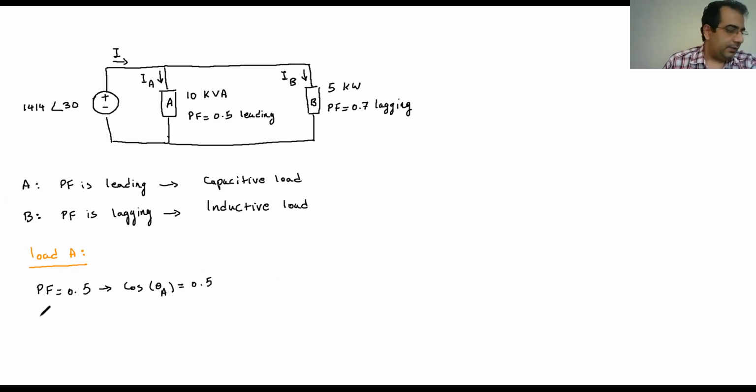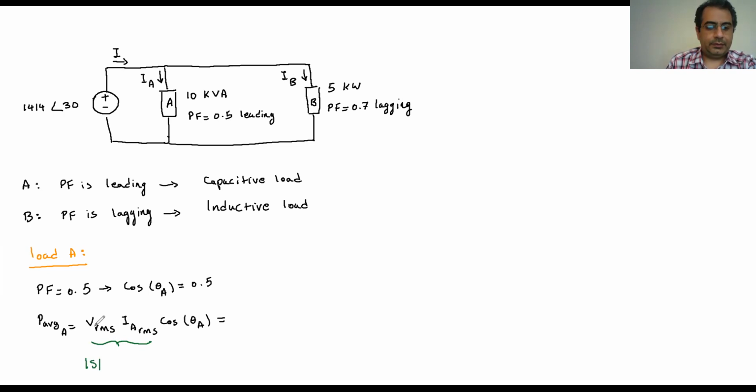The average power delivered to A is going to be VRMS times IRMS times cosine theta at A. This part is the apparent power.